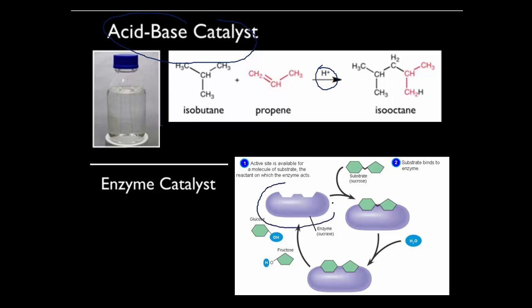So you have a molecule with active sites, so your substrate or your molecule of interest can come in and then interact and be broken apart. These are both still homogeneous catalysts. For chemists, the acid base is very common, and for biology, it's the enzyme. But enzymes, of course, are catalysts.